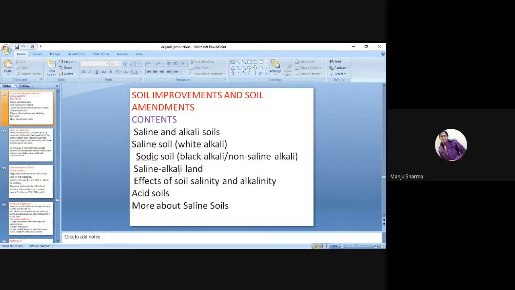So basically, the contents are saline and alkali soils: saline soil, that is white alkali; sodic soil, black alkali, non-saline alkali; saline alkali land; effects of soil salinity and alkalinity; what are acid soils; and more about saline soils.